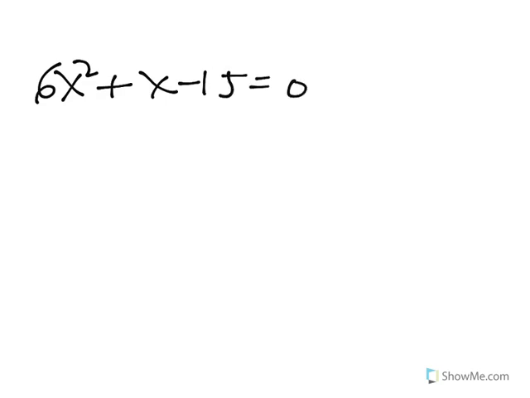There are two other methods I'm going to show you. I'll stick with the same equation, 6x squared plus x minus 15 equals 0. This is a technique called splitting the middle. The way it works is you do 6 times negative 15, which is negative 90.